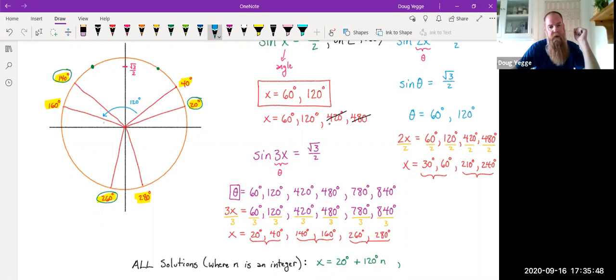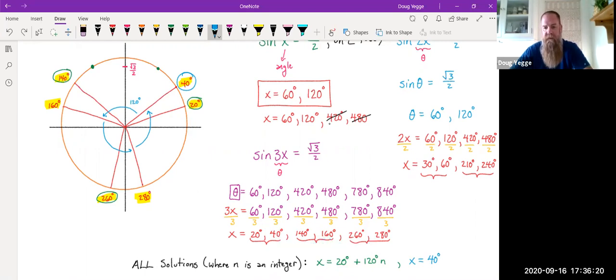In order to get from 160 to 280, that's the same difference of 120 degrees. And 280 plus 120 takes me to 400 degrees, which sure enough is 40 degrees past 360. So we're able to find a second general solution that starts at 40 degrees, and it's going to take me to every other angle as well.